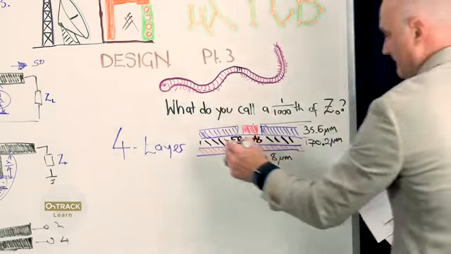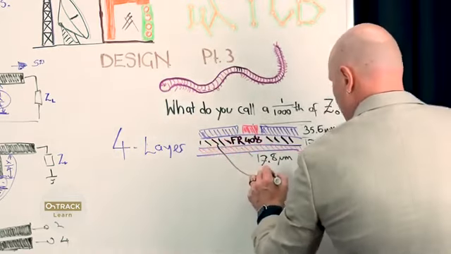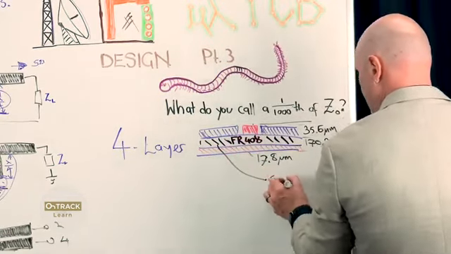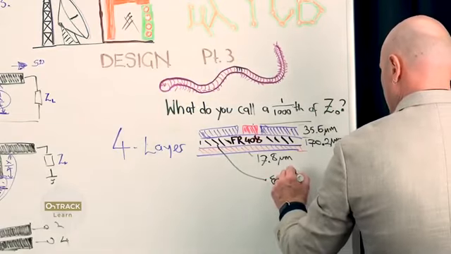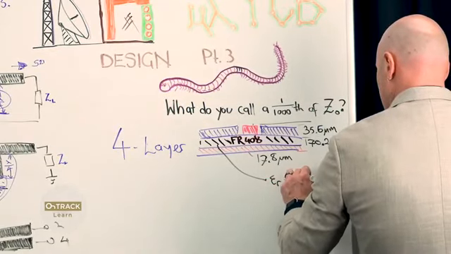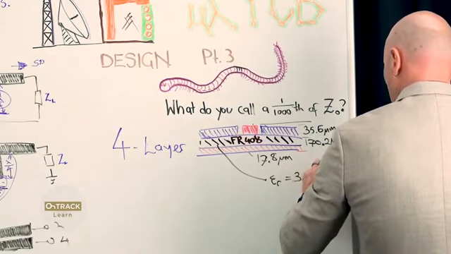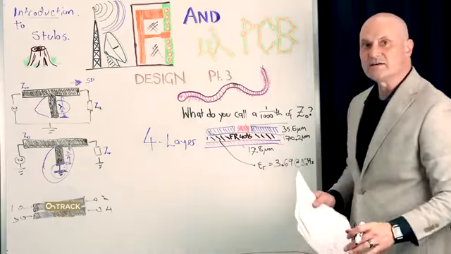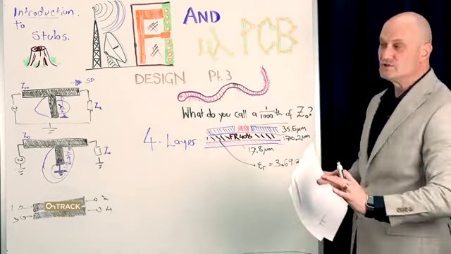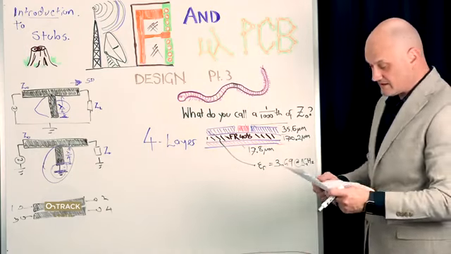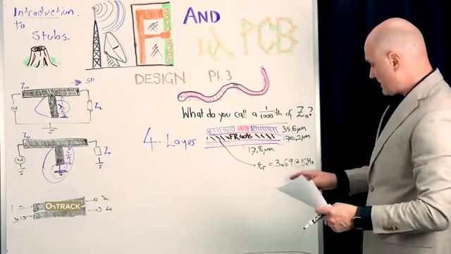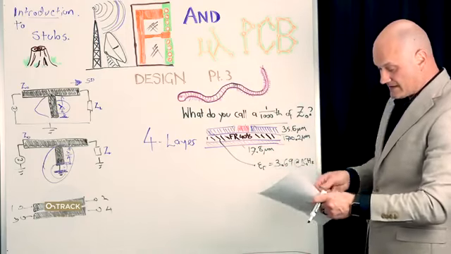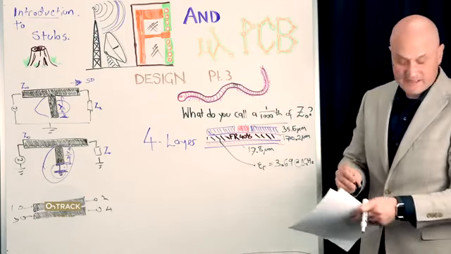Okay, and the FR408's epsilon sub r is they list it as 3.69 at 1 gigahertz. So if they've measured it at 1 gigahertz, it's probably not going to change too much up to about 3 gigahertz. So I'm happy with using that, and I plug that into my impedance calculator.